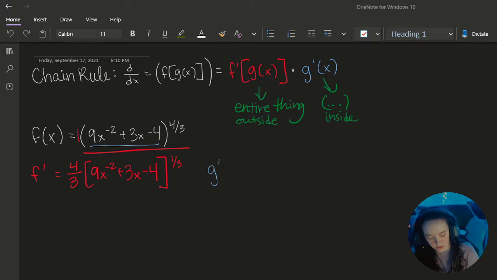Okay, so our g prime is going to be the derivative of the inside. So the derivative of the inside, you do 9 times -2, which gives you -18x. -2 minus 1 is -3, plus 3, because your exponent on your second variable x is an understood 1, and your -4 would just go away because it has no x attached to it.